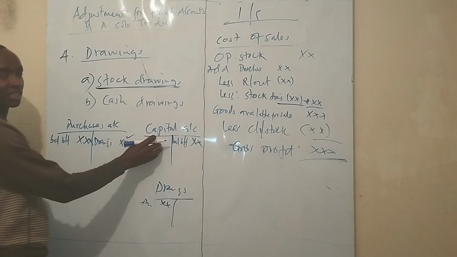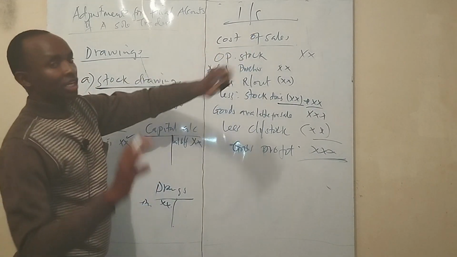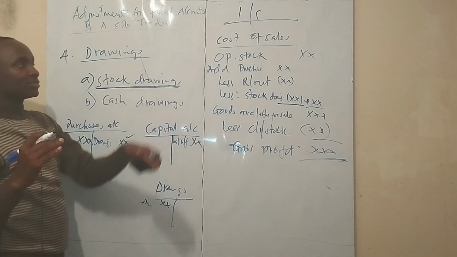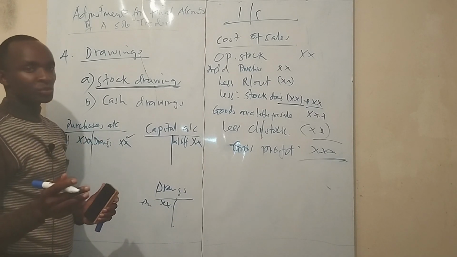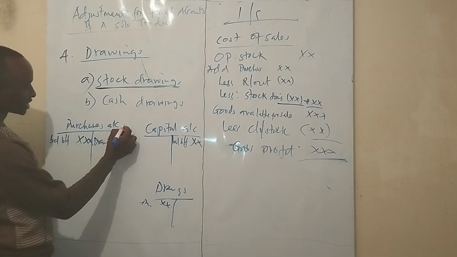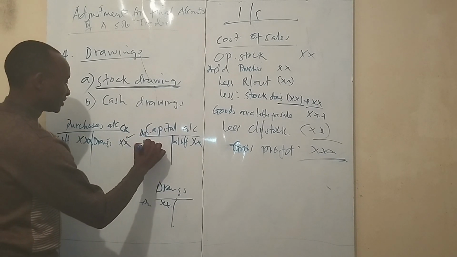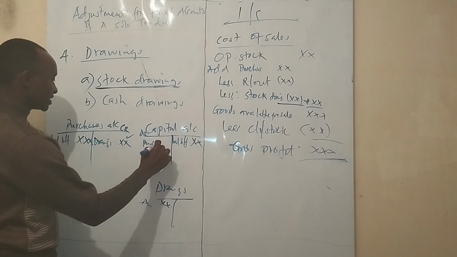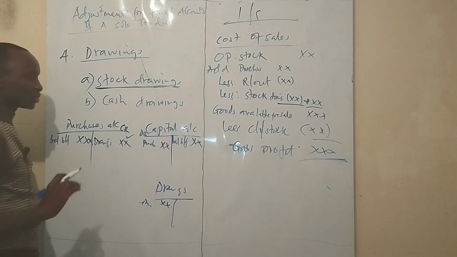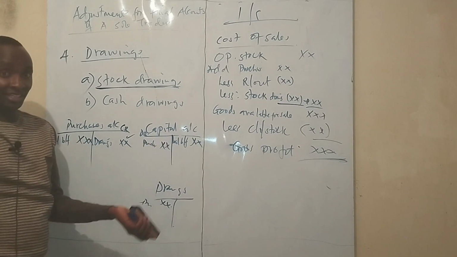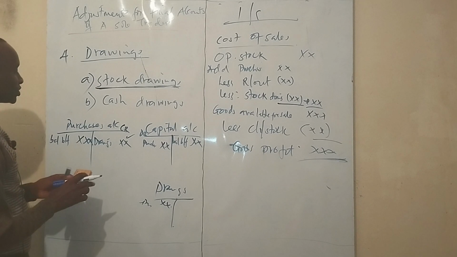But let us bring it here so that we are particular as far as our statement of financial position is concerned. So this one is credit. So to complete the double entry, we are going to bring to this other side, the debit of the purchases, that figure that was actually drawn. Is that clear?